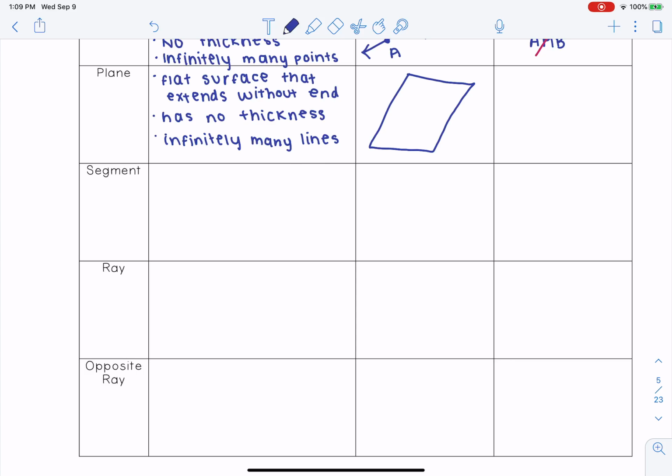We can first name it with a capital letter. So we might name this one like capital letter P. So this is plane P. And we can also name it by 3 points not on the same line. So let's try.